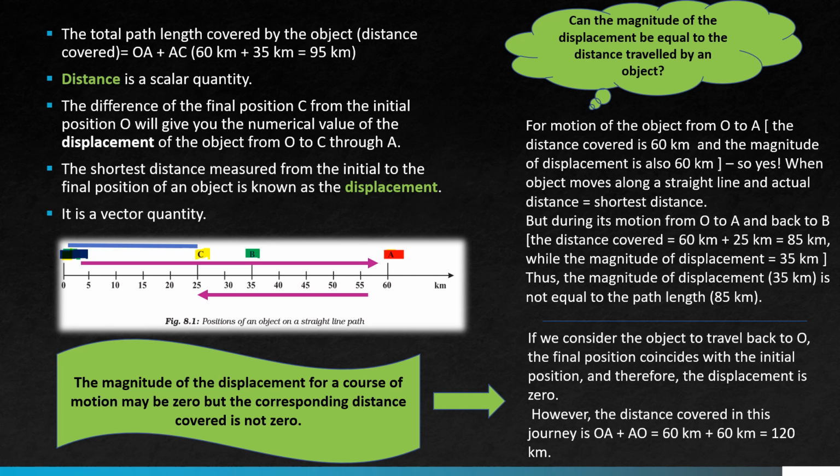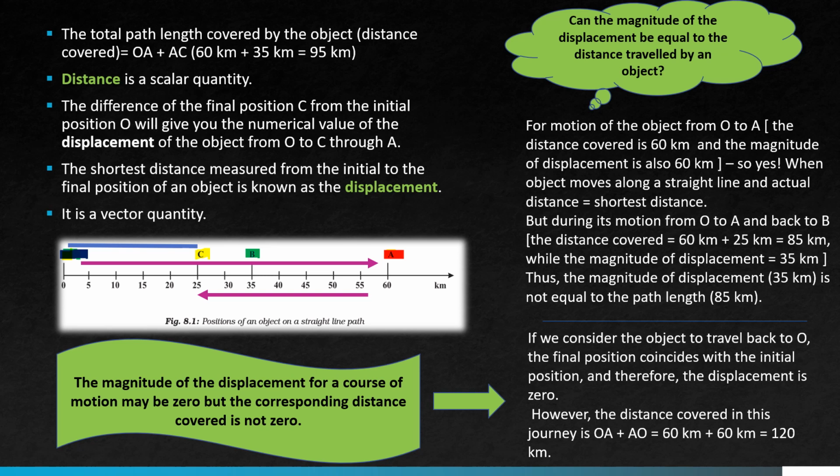Meaning it started from zero and reached zero, so what is the displacement actually? Nothing. But since there is a course of motion involved, the distance covered would be 60 plus 60, that is 120, which is not equal to 0. So yes, the magnitude of displacement for a course of motion may be 0, but the corresponding distance covered is not 0 if the object moves in a circular path. I hope I am making myself clear and you get the points that I have discussed here.